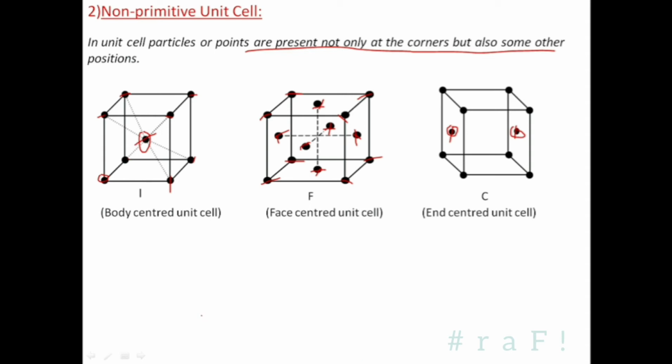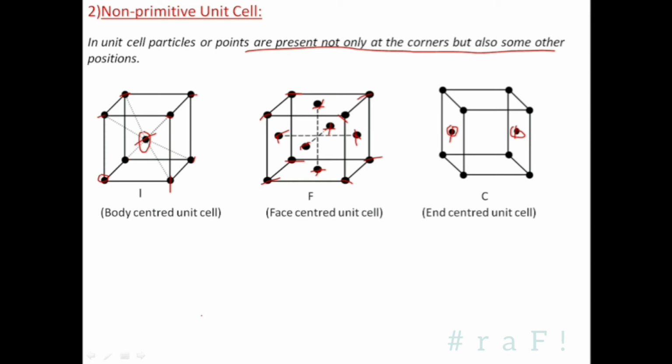In face centered unit cell, 8 corners plus 6 atoms at the faces, that is 14. And in end center unit cell, 8 corners plus 2 at the centers, 8 plus 2, 10. Is it correct to say body centered has 9 atoms, FCC has 14 atoms, end center has 10 atoms? No. The answer is no.